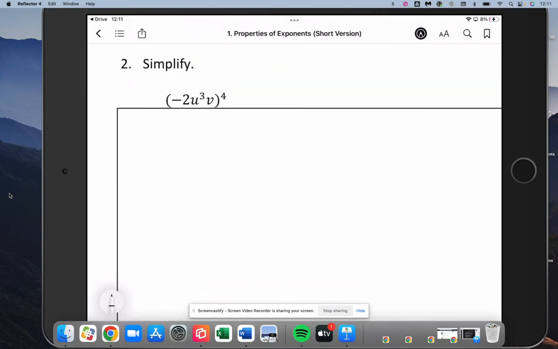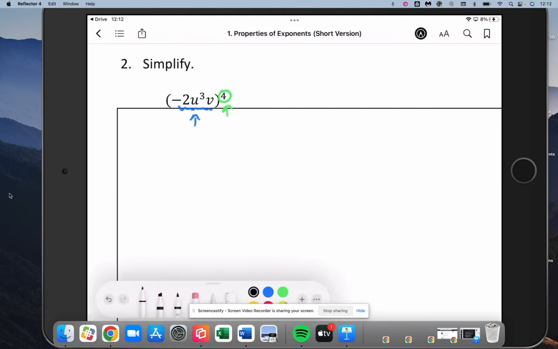This one says simplify. In order to simplify, though, what we're really going to have to do is multiply. Let's take a look at what we've got and make sense of this first. We have this whole thing inside parentheses being raised to this exponent of 4. What that's saying is that we're going to have this multiplied by itself 4 times.